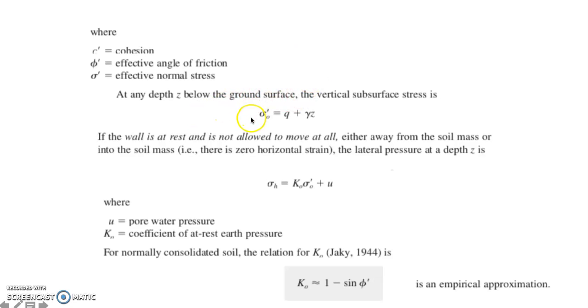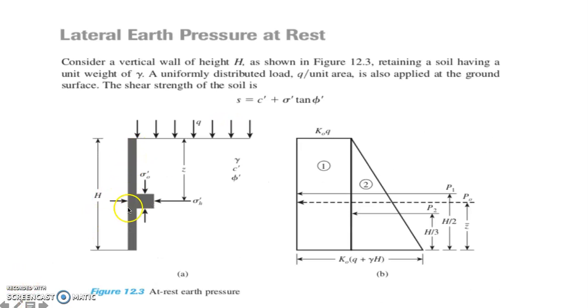Since in this illustration we don't have the presence of water, we have here h, the total height of the retaining wall, which pertains to the soil that is being restrained by the retaining wall.